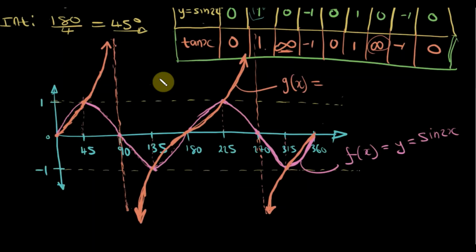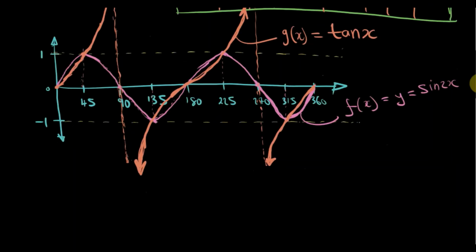So the period of a tan graph is 180. Just test that out from 90 to 270. That should be 180, because 270 minus 90 gives you 180.